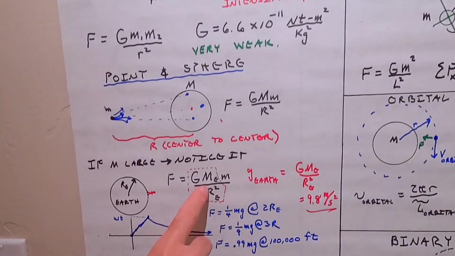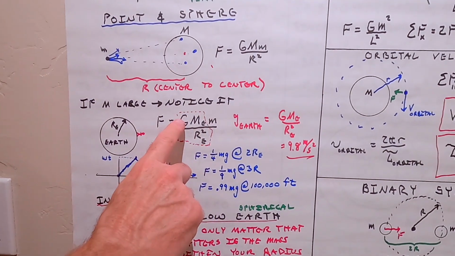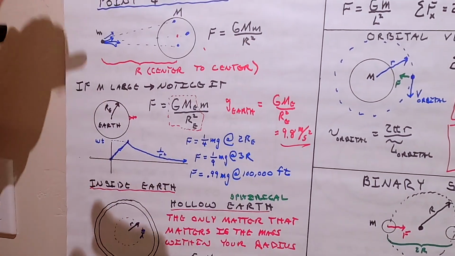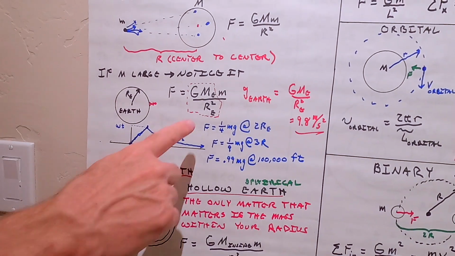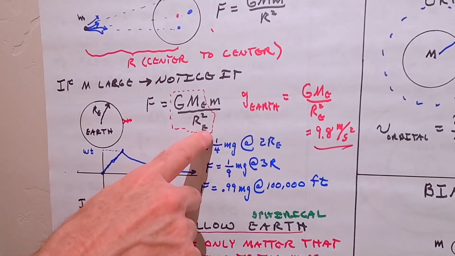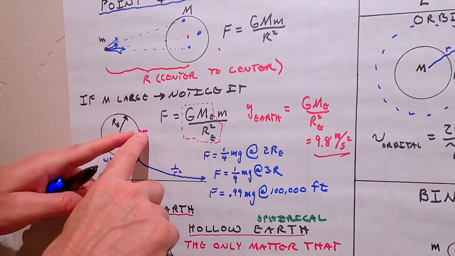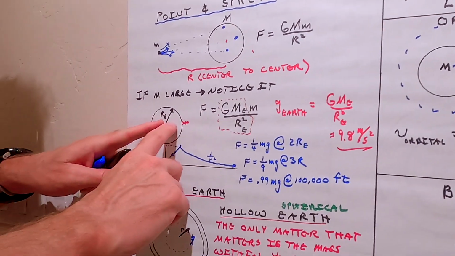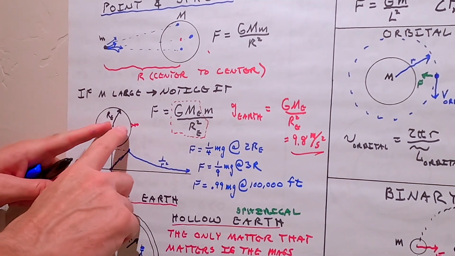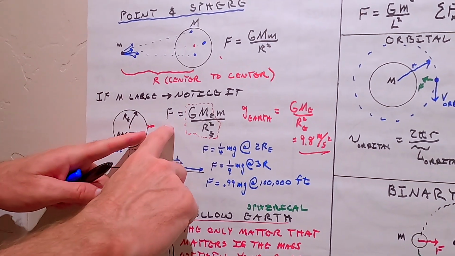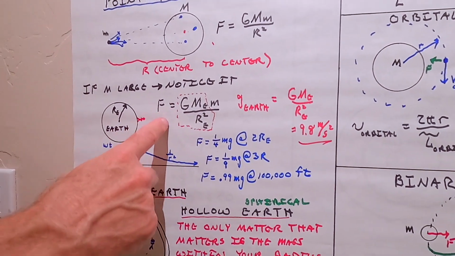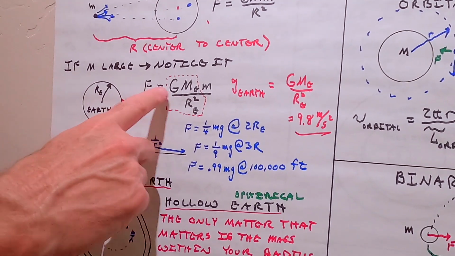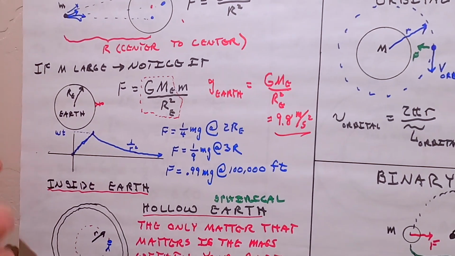If you wanted to find out what G at the moon was, you would put in G, mass of the moon, over the radius of the moon squared, or whatever planet you wanted. Since this is an inverse square law, if you got on a ladder that was equal to another radius, so the radius of the Earth is 4,000 miles, so if you got on a ladder 4,000 miles out, if you double the radius, the force gets 1/4 as much, because we call that an inverse square law.